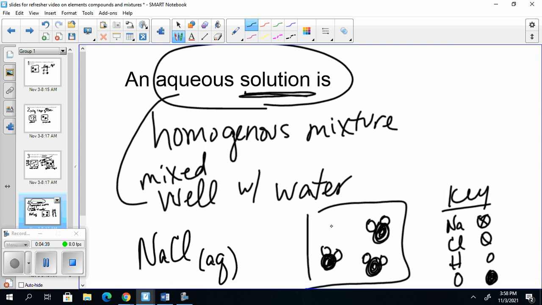And I could have some NaCl. Now when NaCl is in water, it actually separates. So I could have Na here, Cl here, and Na here, and a Cl here, another Na here, and a Cl there. So it's very well mixed. That is what it looks like when it is aqueous.